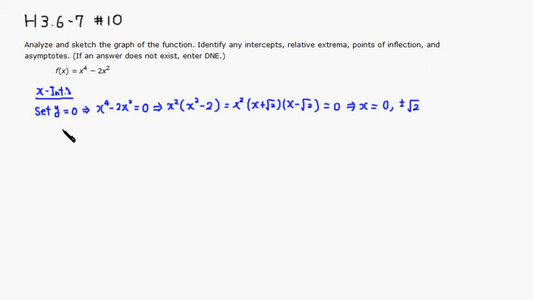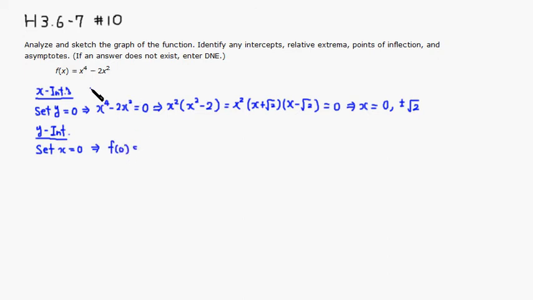Now find the y-intercept. The intercept is only 1. So we set x equal to 0, which means just plugging in 0 for x.